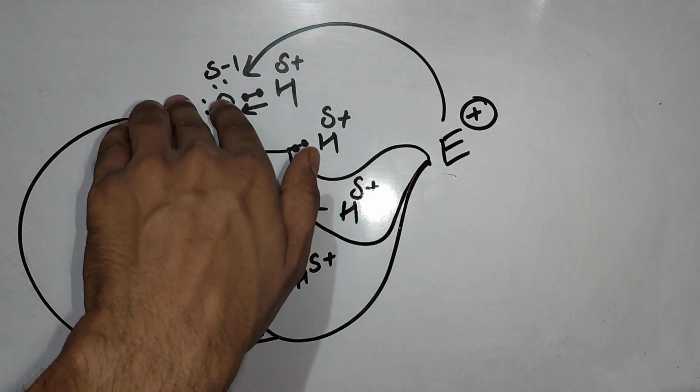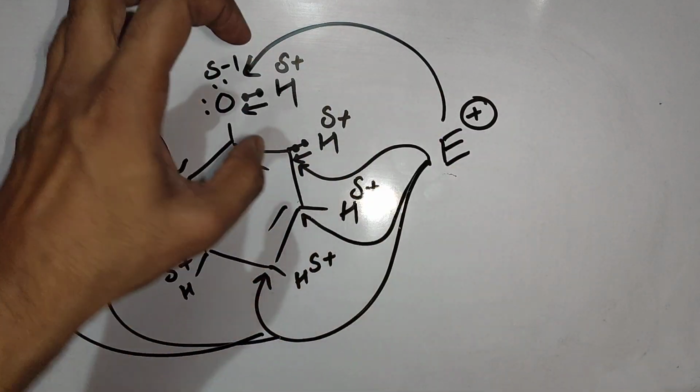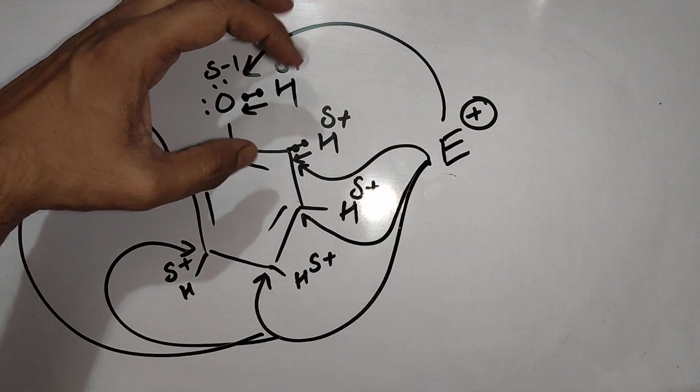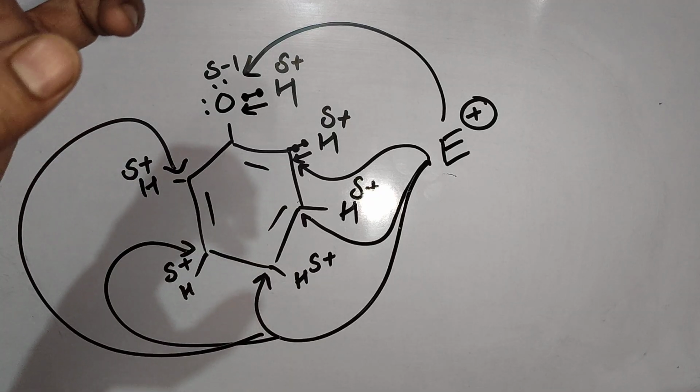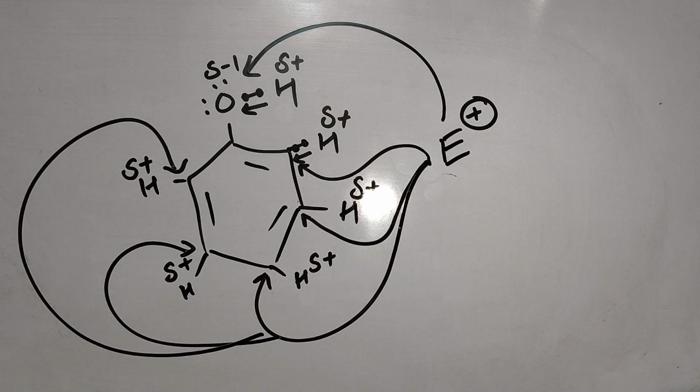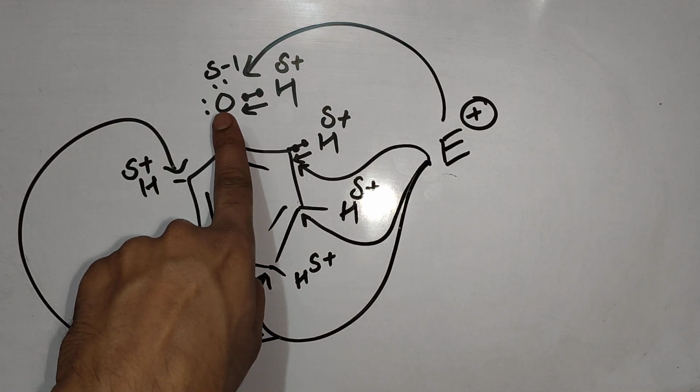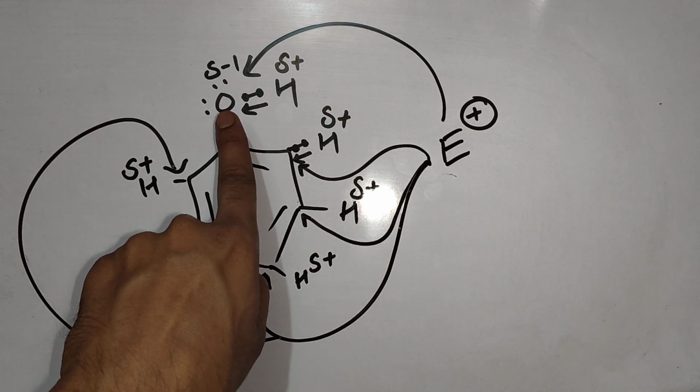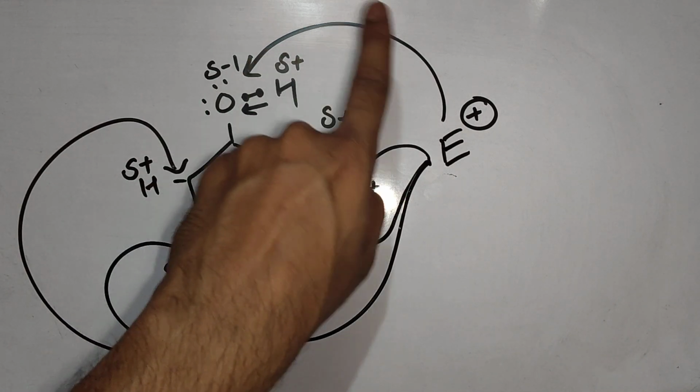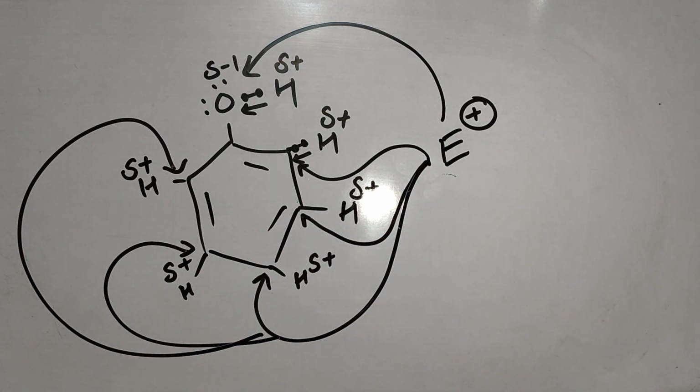Can it attack on oxygen? Okay, oxygen is a high source of electron, but oxygen is a very, very highly electronegative atom. Its electronegativity is 3.5. So definitely, due to very high electronegativity, it is not going to give electron to the electrophile easily. What does the electrophile want? Electron. Will oxygen give it electron easily?